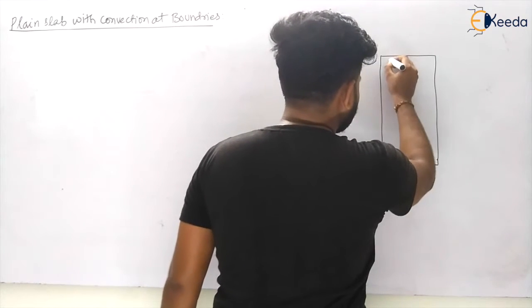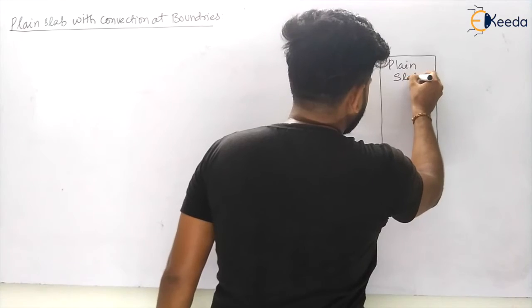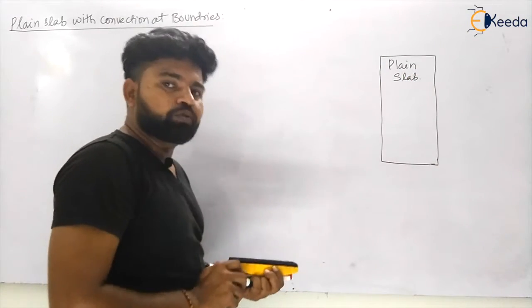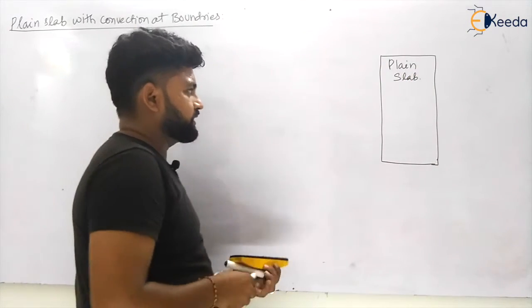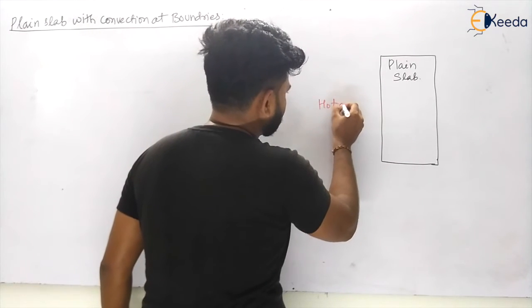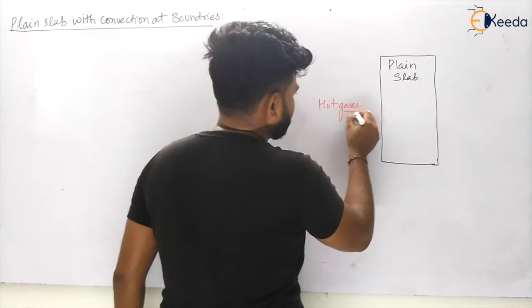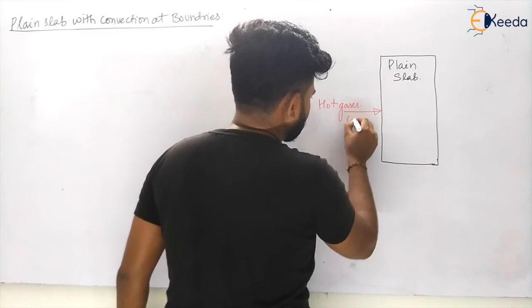This is your plane slab. And let us assume there is a hot gas this side. So this side there is some hot gas, or we can say hot gases. So heat will be transferring like this in this direction.